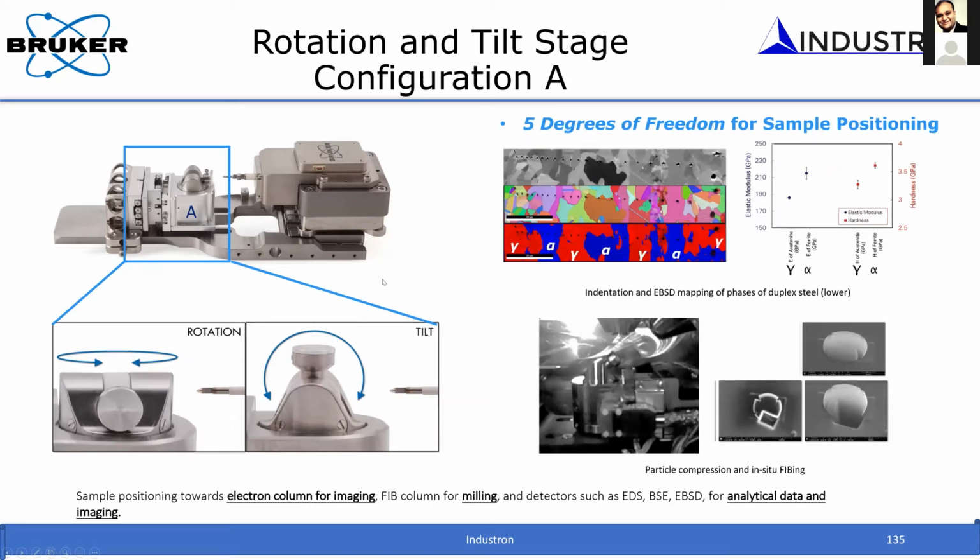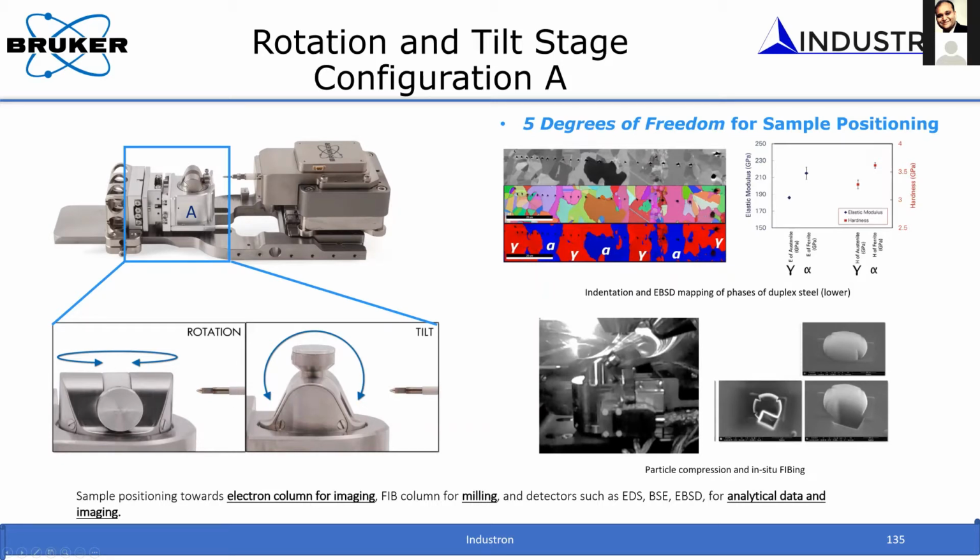And the main purpose is that I'll be showing a couple of examples where you can use this tilt and rotation stage. If you want to understand the anisotropic behavior of your sample mechanically, you can do that by rotating the sample and doing the indent at different orientations.